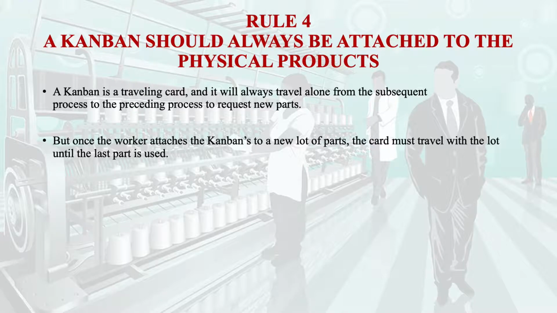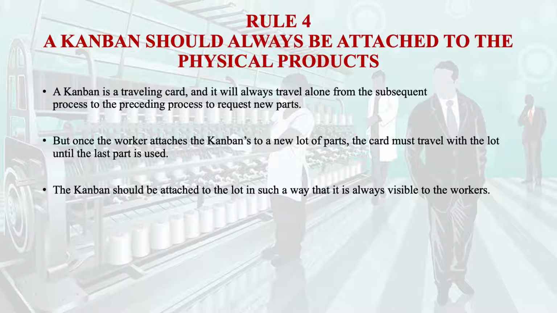But once the worker attaches the Kanban to a new lot of parts, the card must travel with the lot until the last part is used. Therefore, the Kanban should be attached to the lot in such a way that it is always visible to the worker.